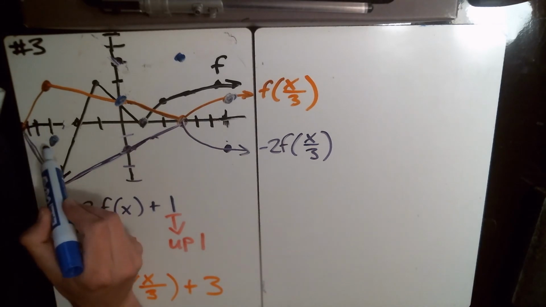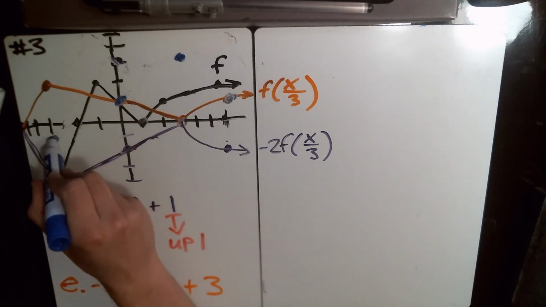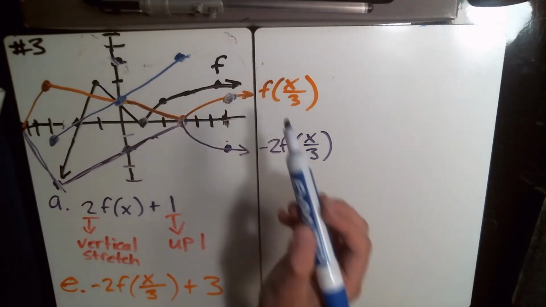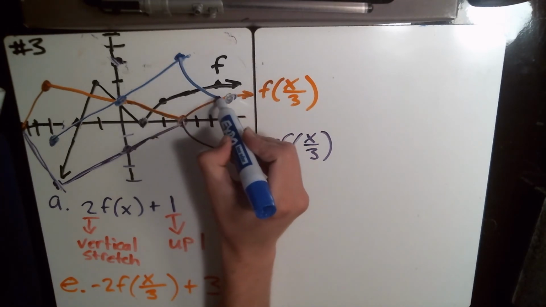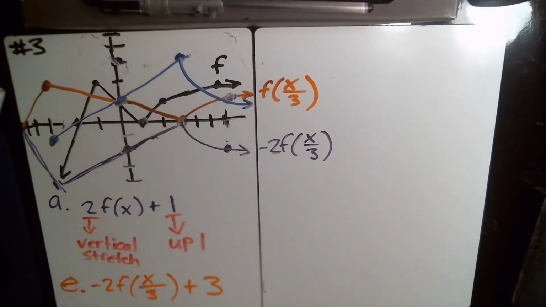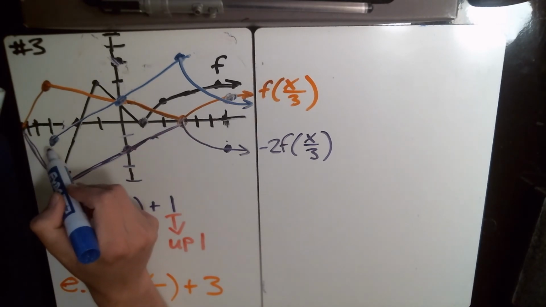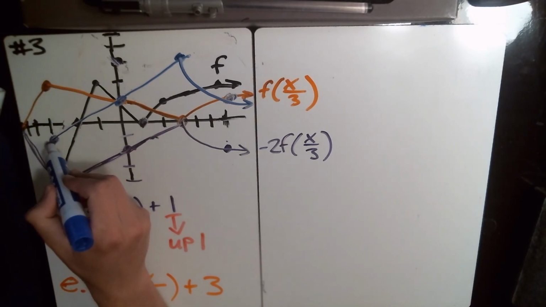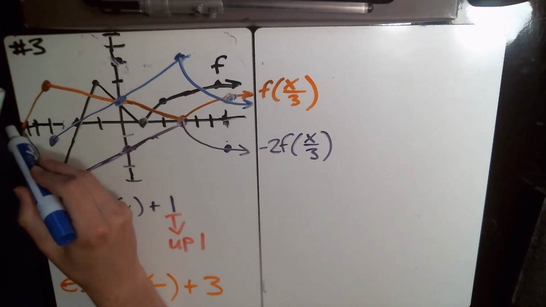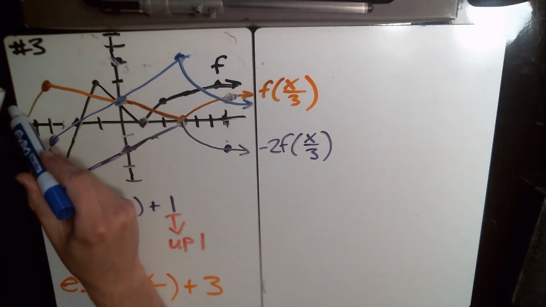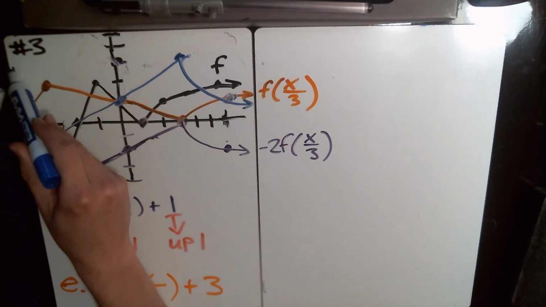And then this line is just parallel, and this one is like that. And then lastly, this one goes up 3, so 1, 2, 3.